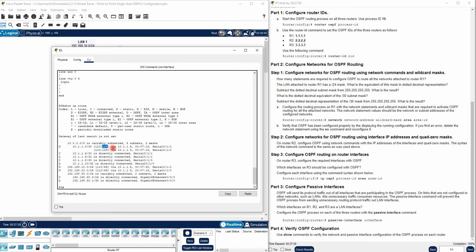But what is 128? This is the cost of this path, and we should talk about this feature in another assignment and activity. You can see how many minutes ago we configured it, which interface we configured, and all of the information here. Also, you can see other things here about the network address.